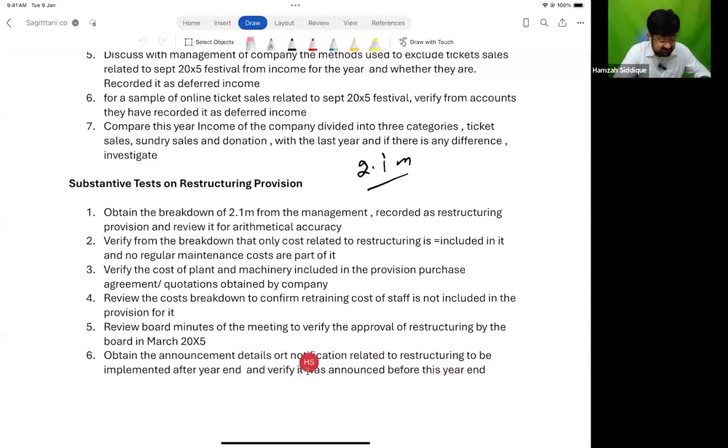Verify from its date. What is the date of notification? Date of announcement.